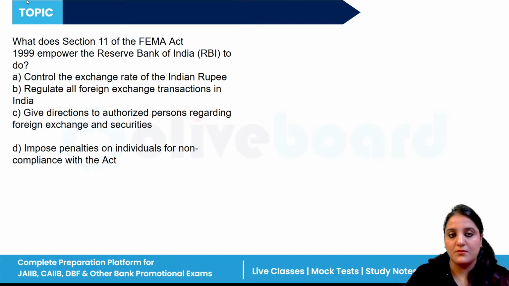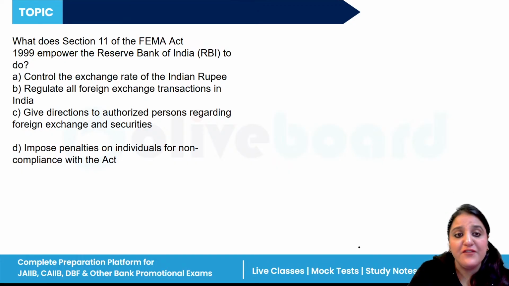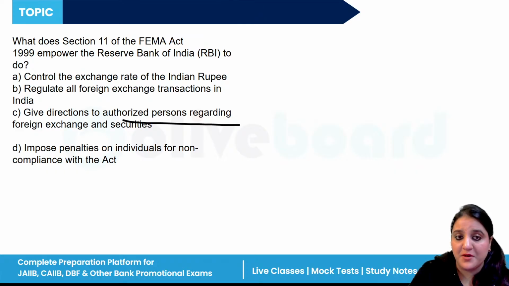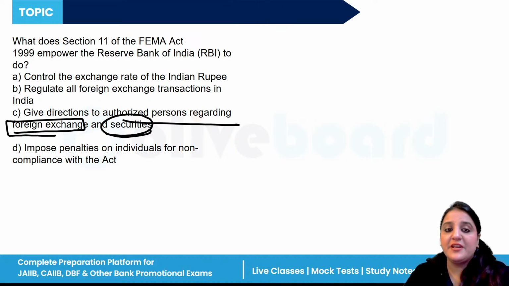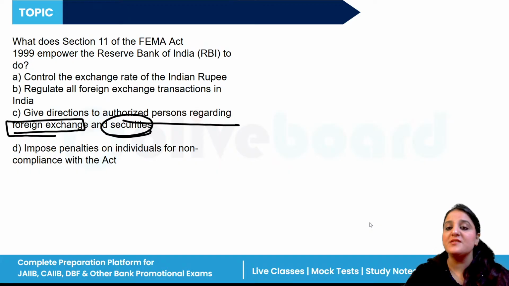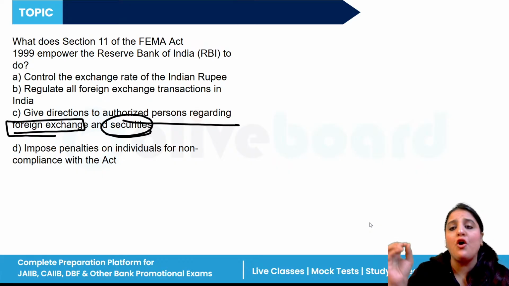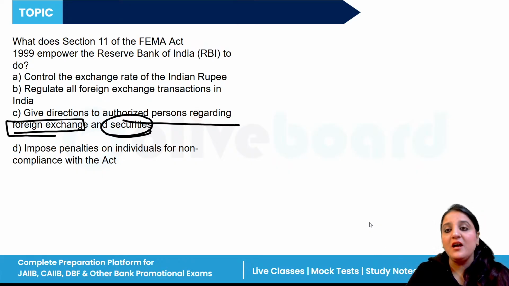It gives directions to the authorized person regarding foreign exchange and securities, because under Section 11 of the FEMA 1999, RBI is empowered to issue directions to the authorized persons regarding dealing in foreign exchange or foreign securities.